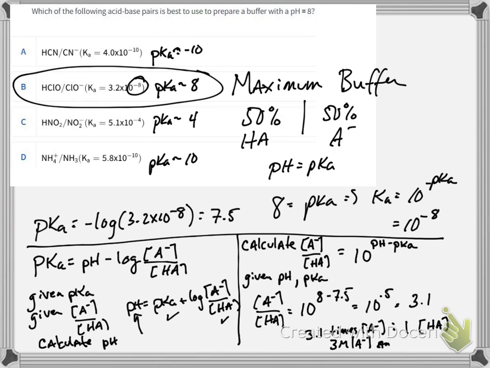If we had, let's say, for example, 3 molar A minus and 1 molar HA, that would be a recipe to make a pH equal 8. And when we say ClO minus, what we really mean here is 3.1 molar ClO minus and 1 molar HClO.